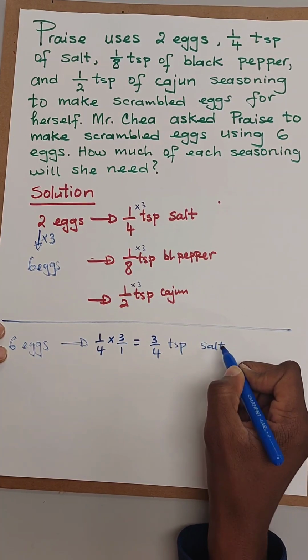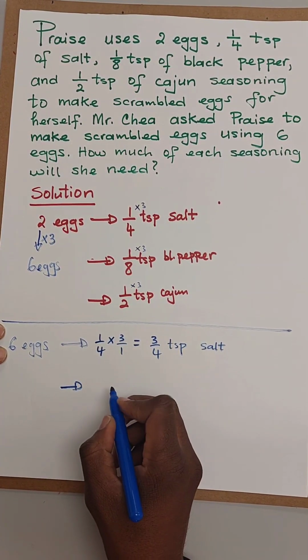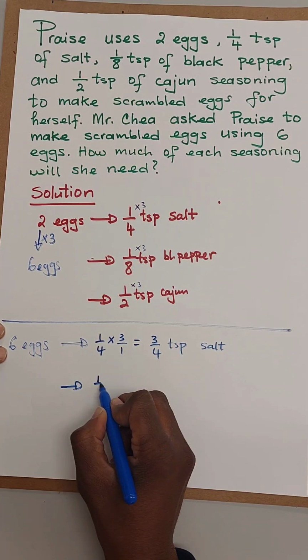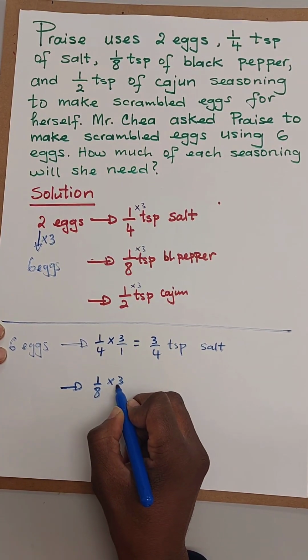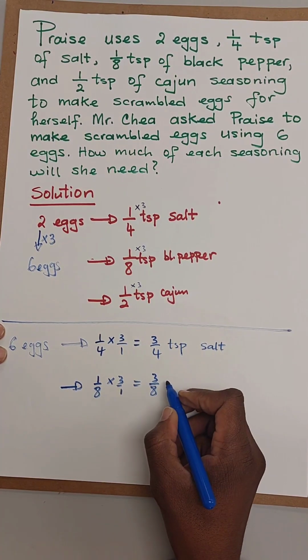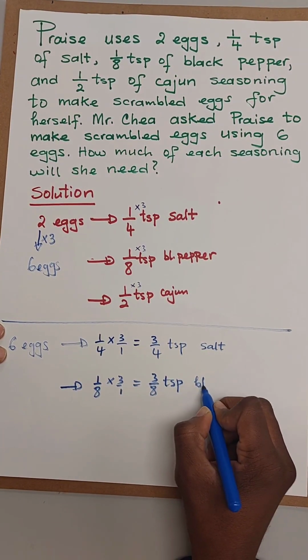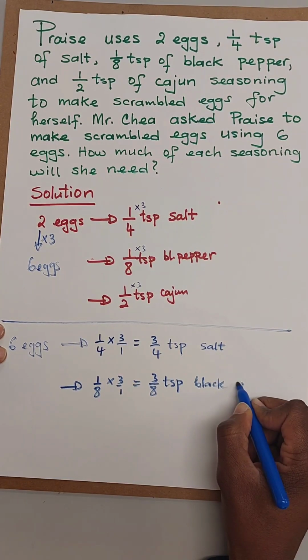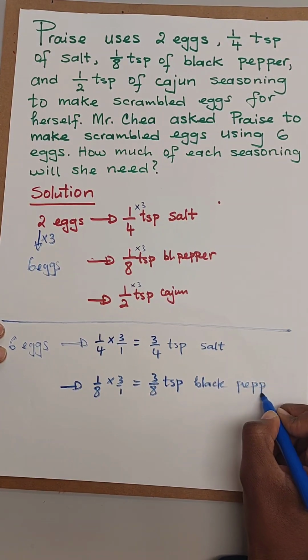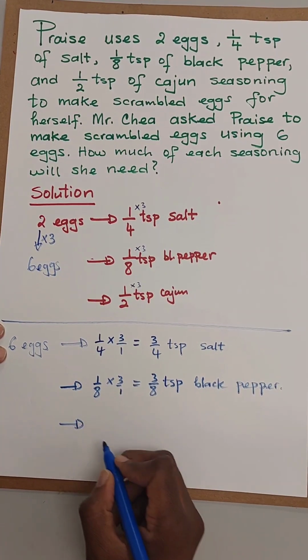Okay, so that's what will be required. 1/8 times 3/1, and that will be 3/8 tablespoons of black pepper. Okay, black pepper. This is going to keep it taste the same as she was doing it for one person.